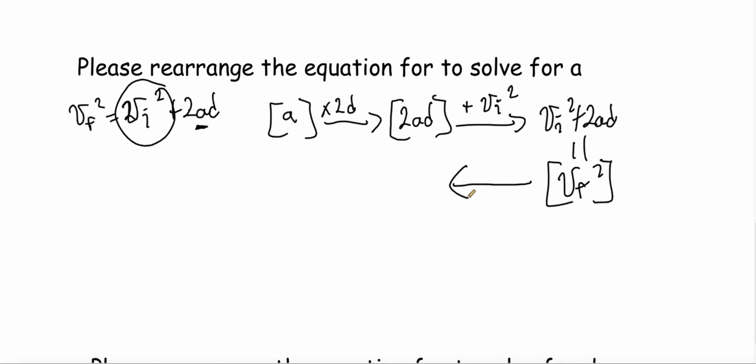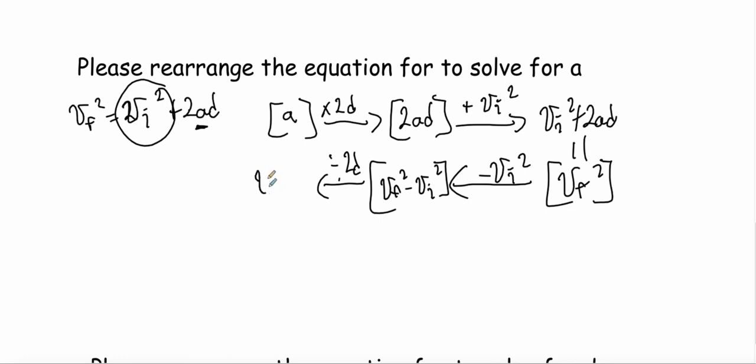Okay, so what's the opposite? We want to minus my initial velocity squared. So we have final velocity squared minus my initial velocity squared. Then, instead of multiplying by 2D, we're going to divide by 2D.